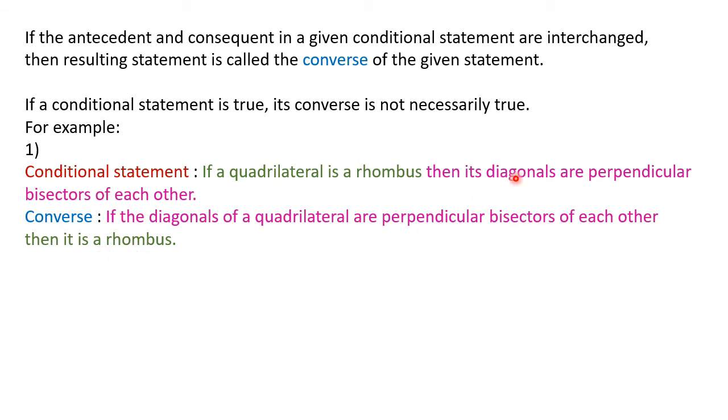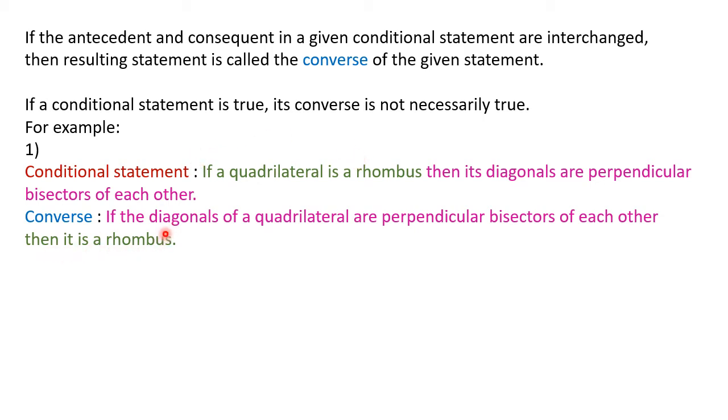So you can see here, the then part which was there, its diagonals are perpendicular to each other, that we have written for the if part. If the diagonals of the quadrilateral are perpendicular bisectors of each other, then it is a rhombus, right? The if part we have written in the then part.